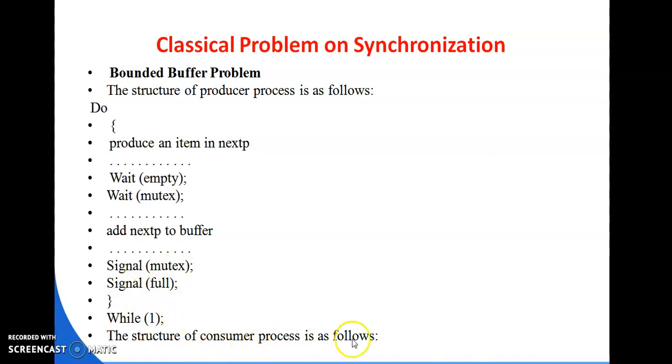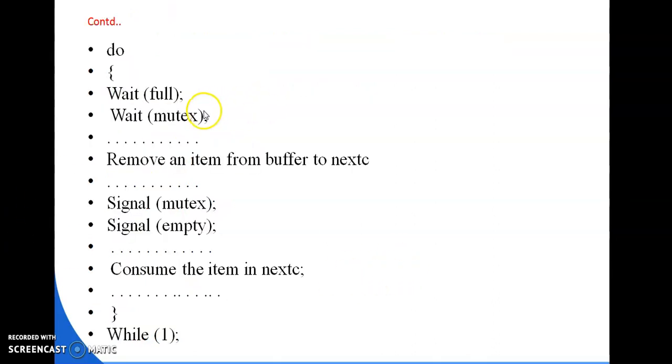The structure of the consumer process: do wait(full), wait(mutex), remove an item from buffer to nextc, signal(mutex), signal(empty), consume the item in nextc, while 1. So this is the producer and consumer problem.